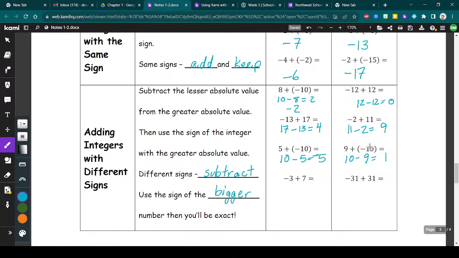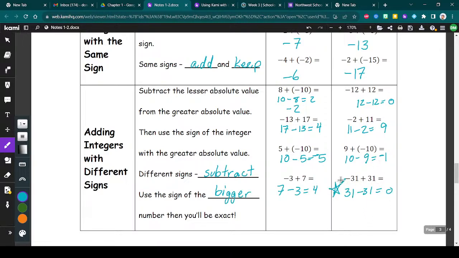And so 10 is bigger, so we make it negative 1. Over here we have 7 is bigger, minus 3 equals 4. And because 7 is bigger and 7 is positive, this answer is positive. And negative 31 plus 31, these are the same, so we go 31 minus 31, which is 0.